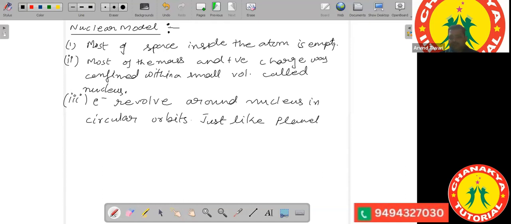So this was also added. The way planets are revolving around the sun, in the same way, the electrons are also revolving around the nucleus.